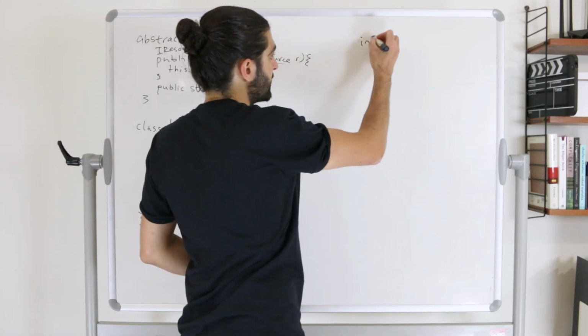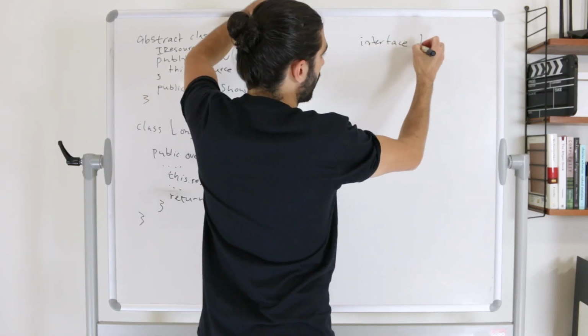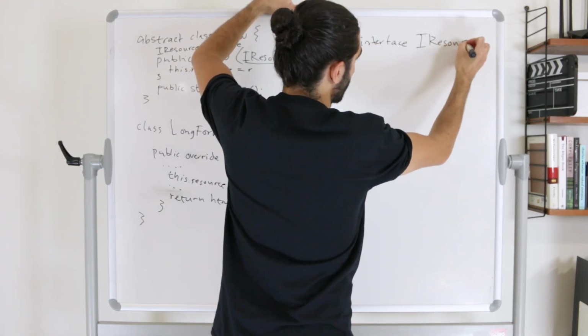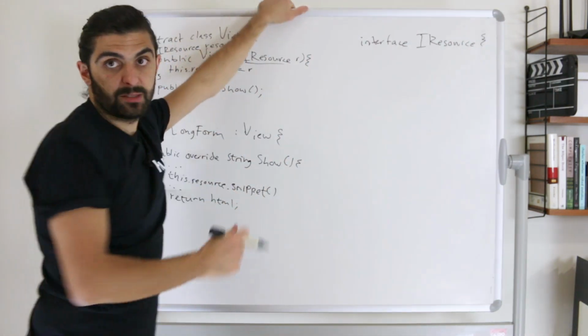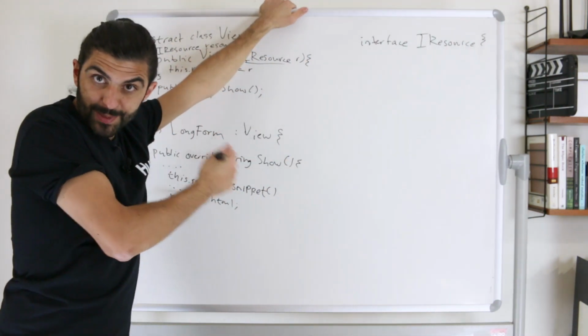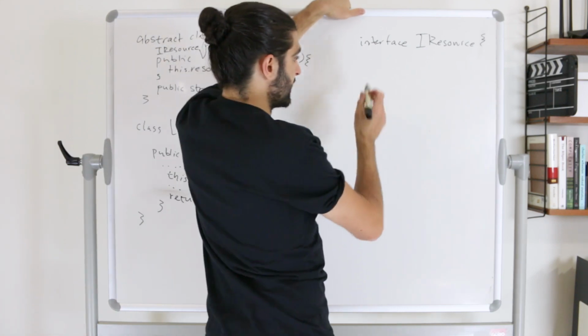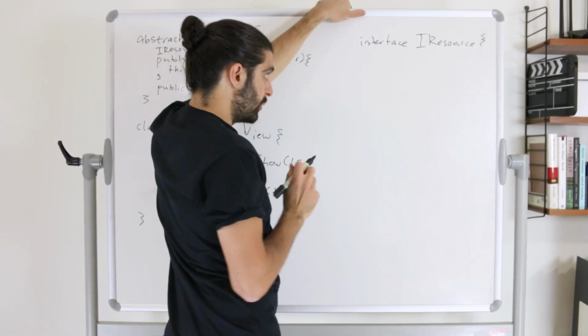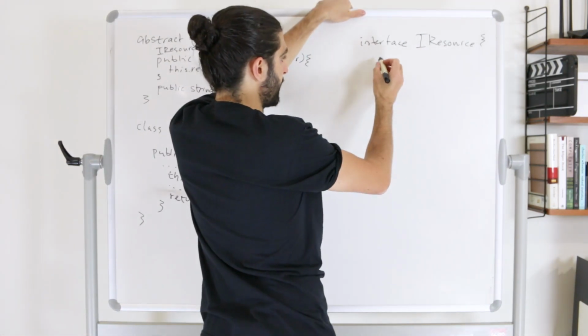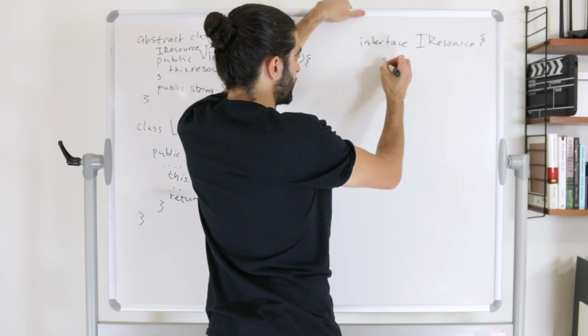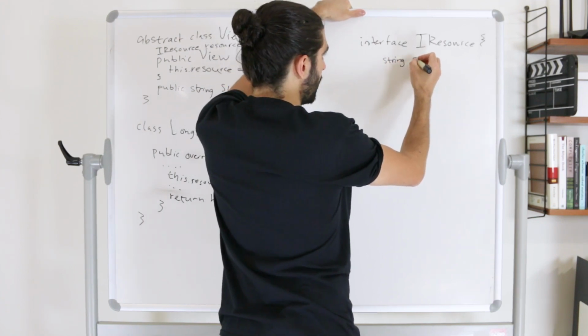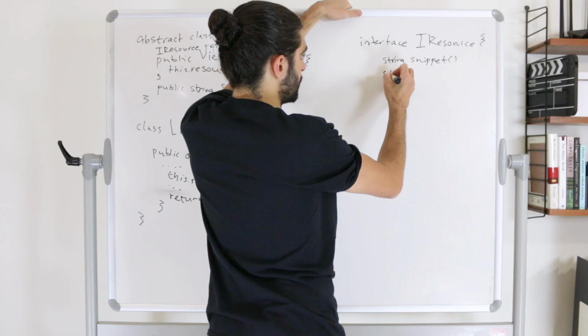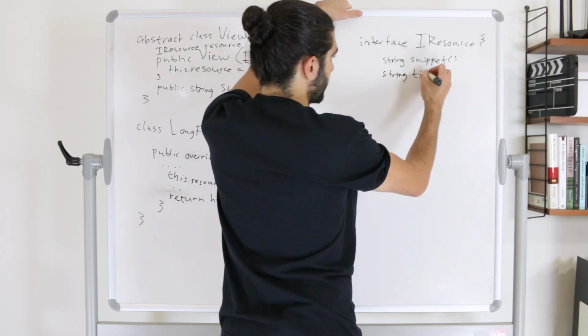So we have an interface called iResource. We open that up, and what does it specify? Well, we've already enumerated what it specifies before. What it specifies is that to be a resource, you need to respond to some set of methods. These methods are, you need to return a string when I call the method snippet, and a string when I call the method title.